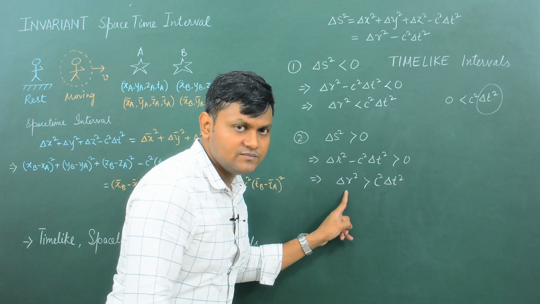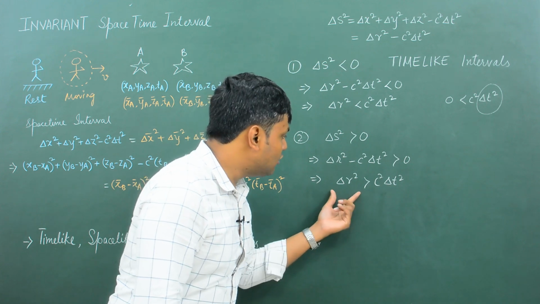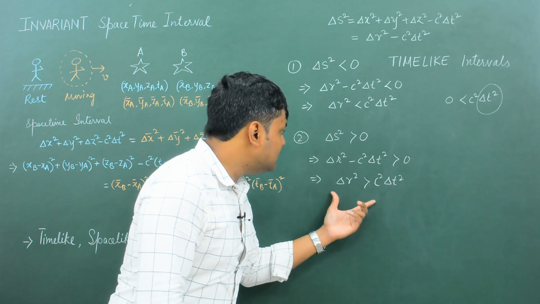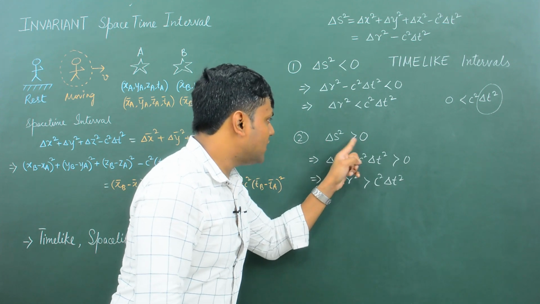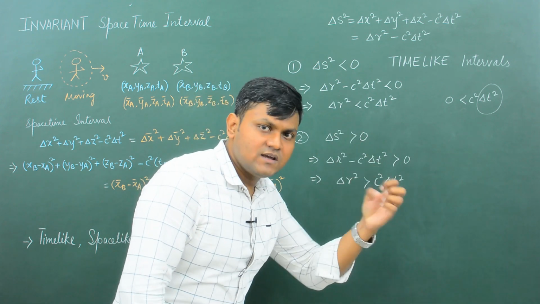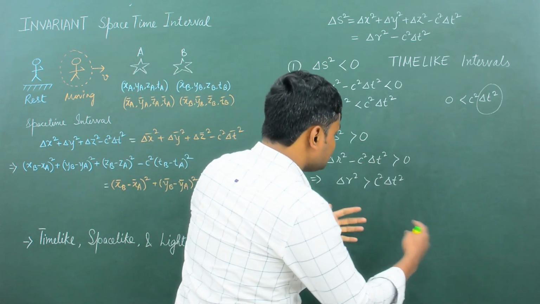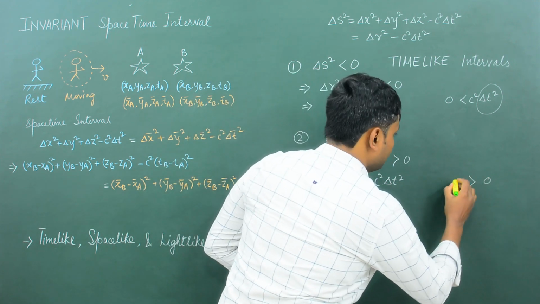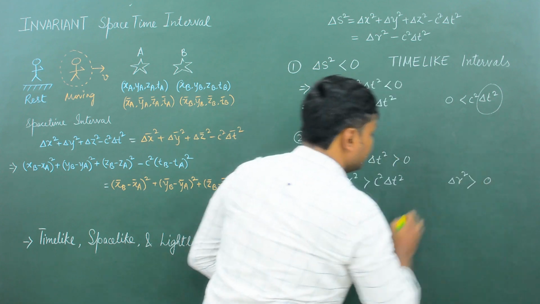Because if del R becomes 0, it simply means that 0 has to be greater than some positive number, which is not possible. So for these physical events where del S square is greater than 0, or the space-time interval is greater than 0, we can always find some inertial frame of reference such that the time interval comes out to be 0, but the spatial interval is never 0.